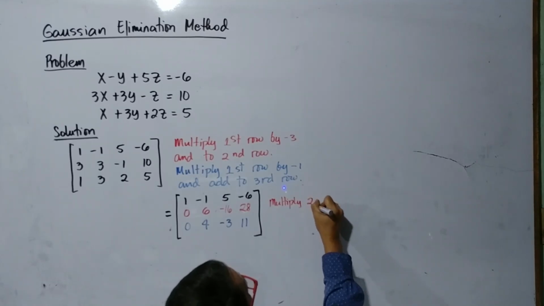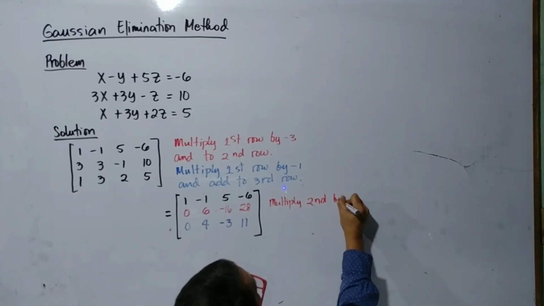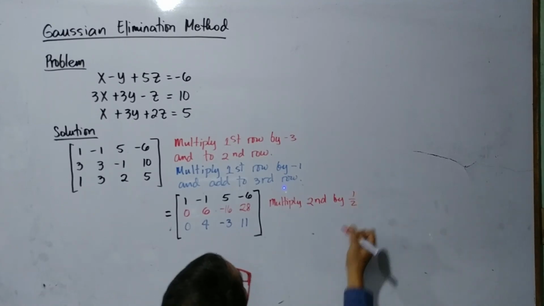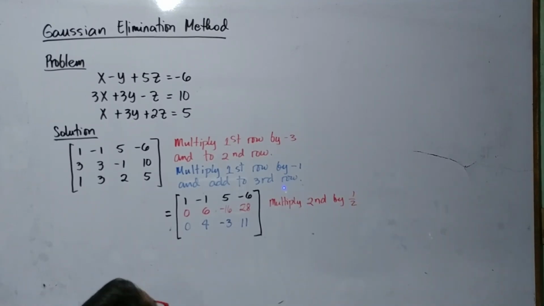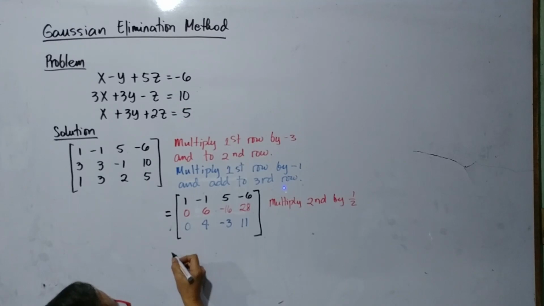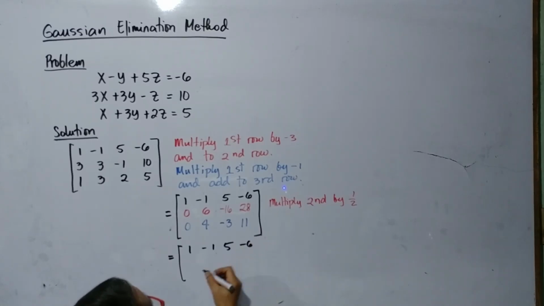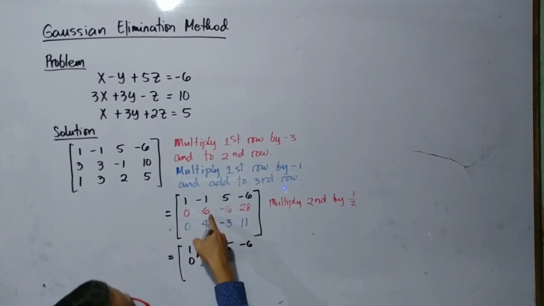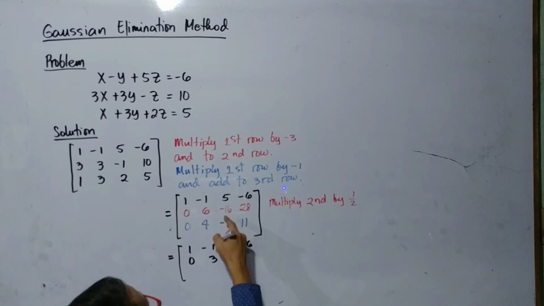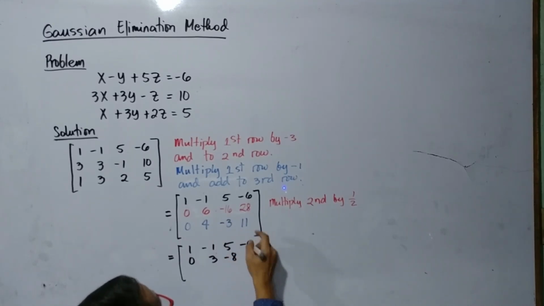Multiply second row by 1/2. So this now becomes 0 divided by 2, 3 divided by 2, negative 8 divided by 2, 14.